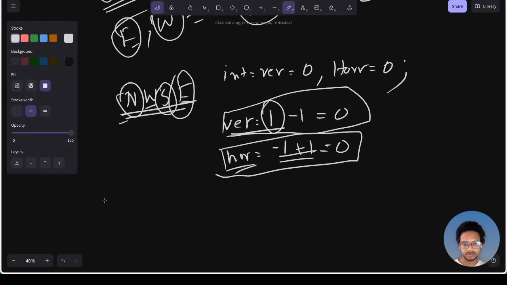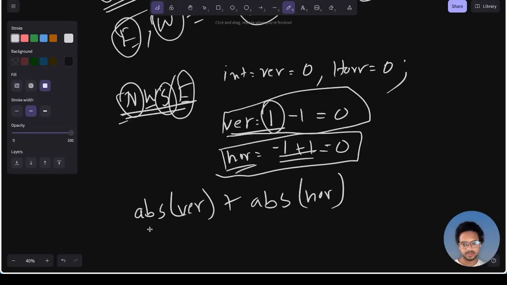So what we can do is simply say absolute of vertical plus absolute of horizontal. Each time we have to do the addition of absolute of vertical plus absolute of horizontal. Here the distance will be 0, since 0 plus 0 is 0.